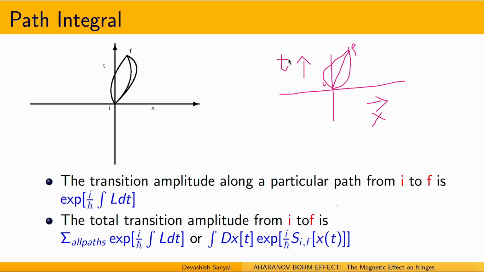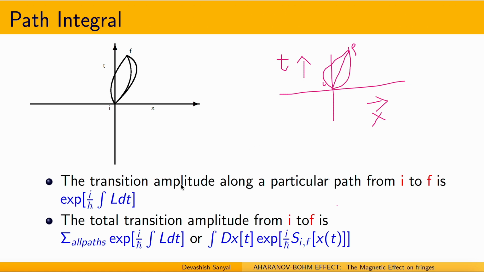Correct? So what the path integral approach tells us is that for every path there is a transition amplitude. The particle is going from this point to this point along all the paths. It's not that it's taking this path or this path or this path. It's going from this point to this point along all the paths, and for each path there is a transition amplitude.